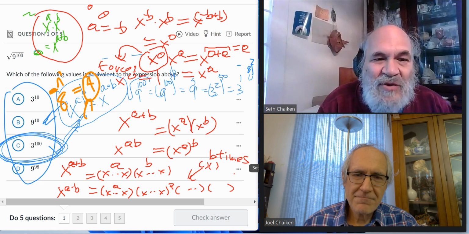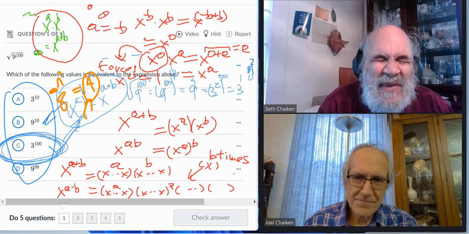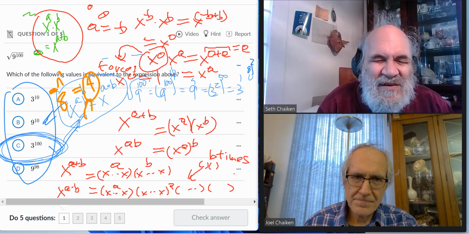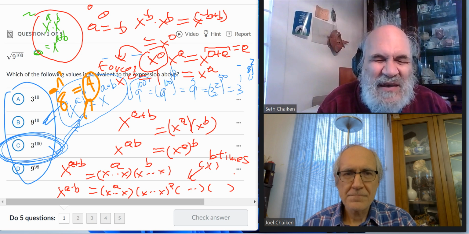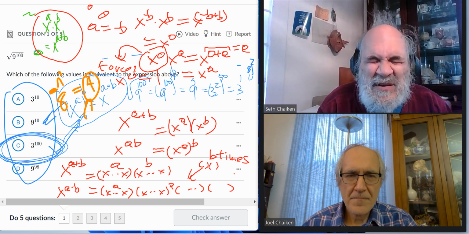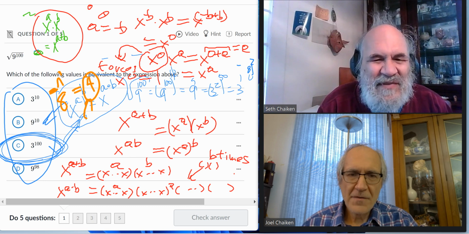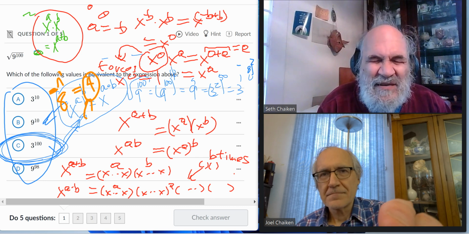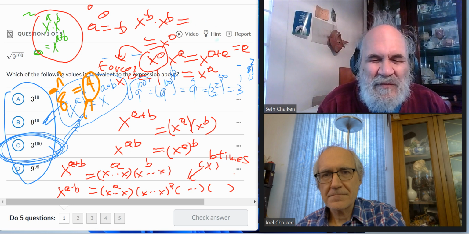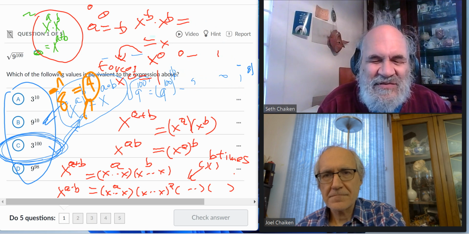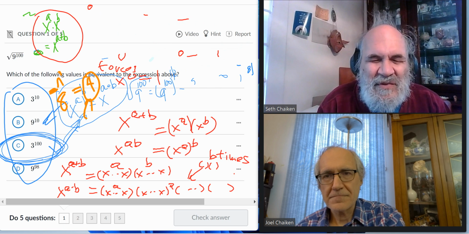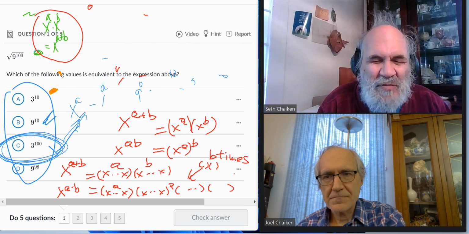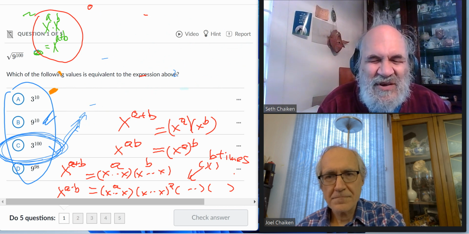So if you have this picture in your mind, that exponentiation is multiply out the base the number of times given by the exponent, then that will lead you to remember the rules. Adding exponents means you have the base multiplied the number of times given by the first exponent, then the number of times given by the second, so you get the sum.